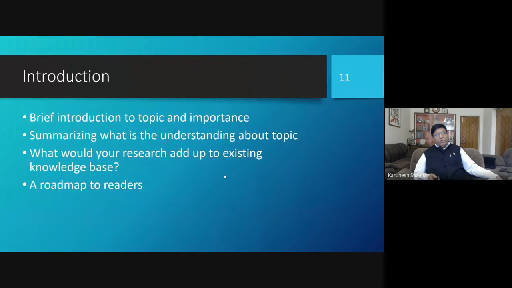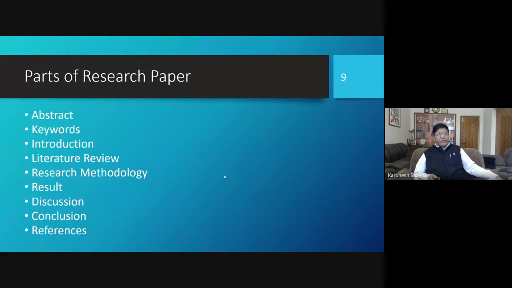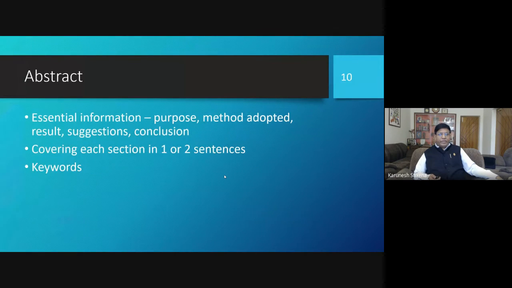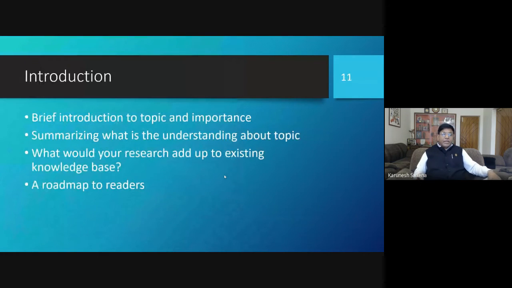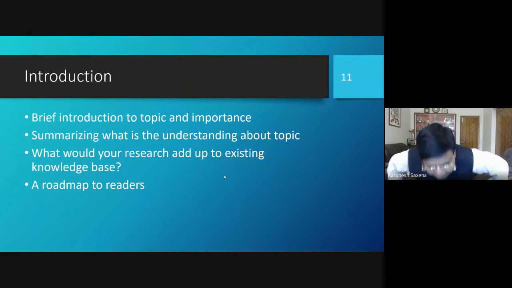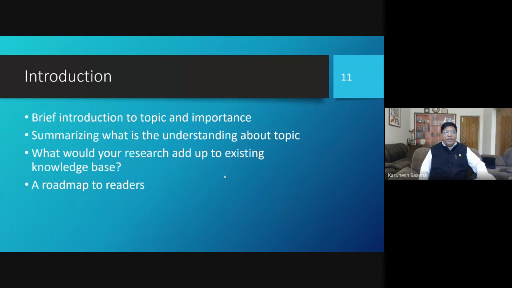Remember that we are talking about the parts of a research paper. So abstract and keywords we have discussed. Now we come to the introduction. The introduction is where you give a brief introduction of your topic, the importance that this subject has, and why you are writing the paper on this subject. That is basically the significance and importance of the topic you are covering.